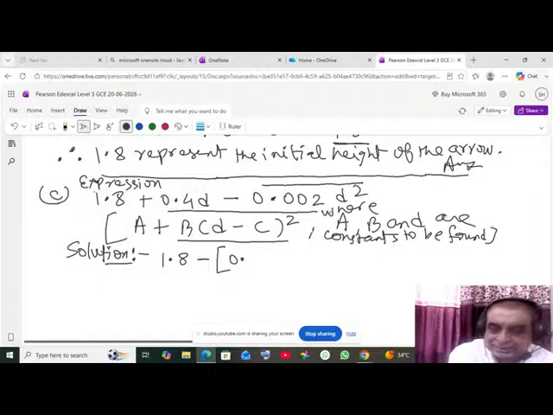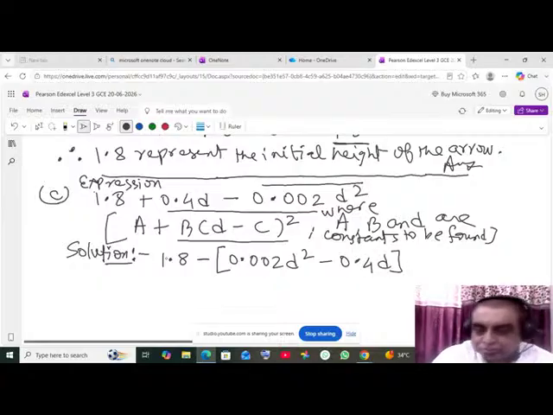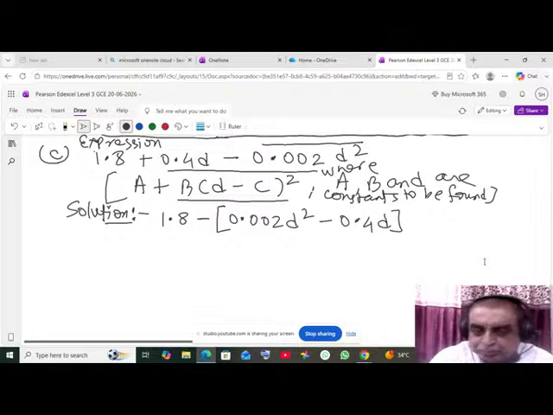So when I take the negative sign common, the negative term becomes positive, 0.002d squared, and the positive term becomes negative, minus 0.4d, and the number 1.8 we have written separately.